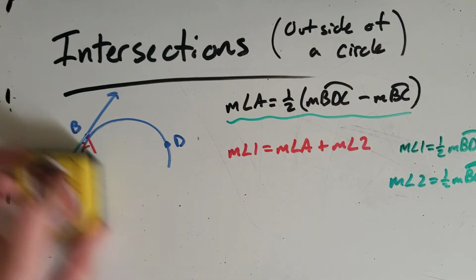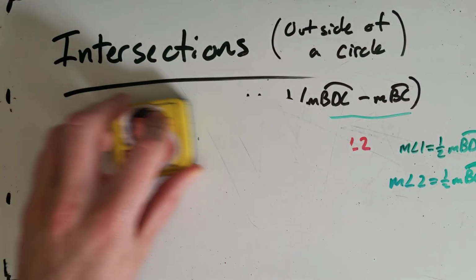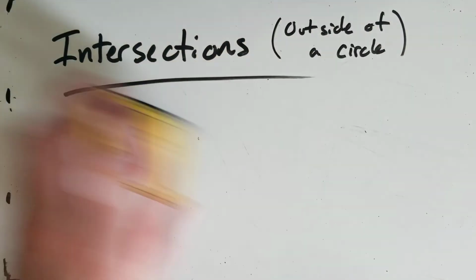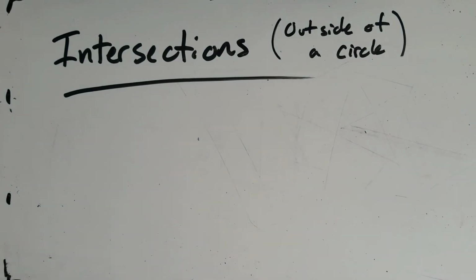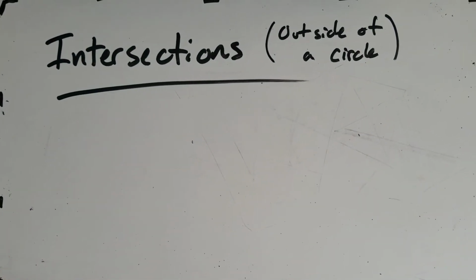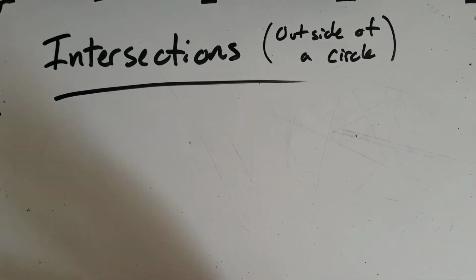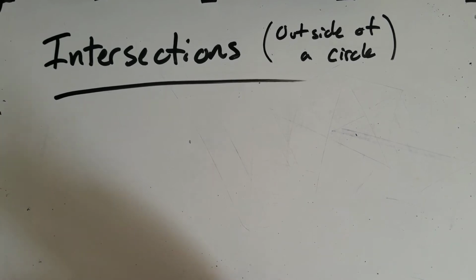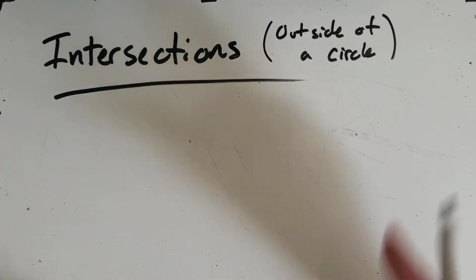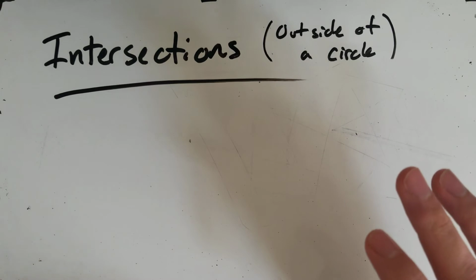Now, before you start trying some of these on your own, what really might help bring this all together, if you go over to page 745, there's this really useful table, and it breaks it into 3 categories. And these are all about different angles that are formed with intersections of secants and or tangents and combinations of them.